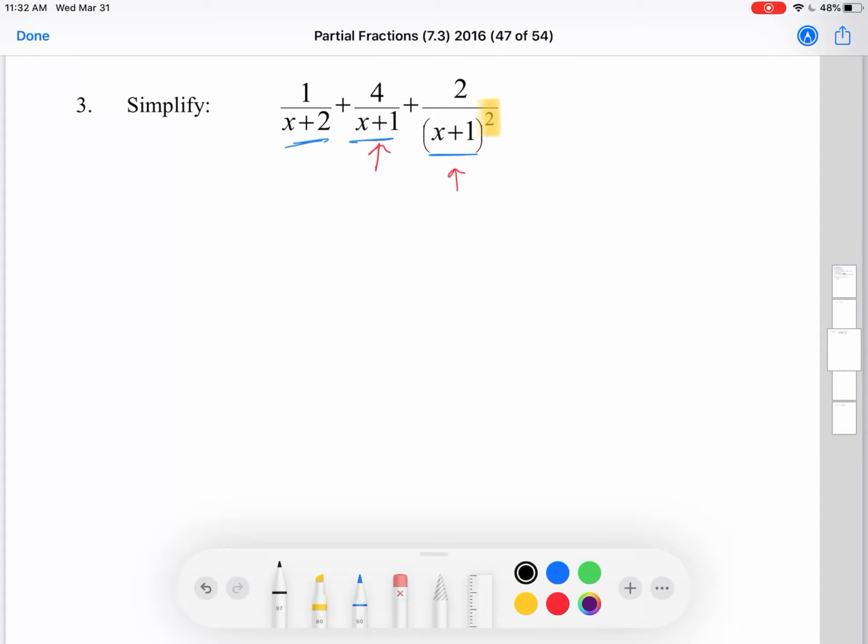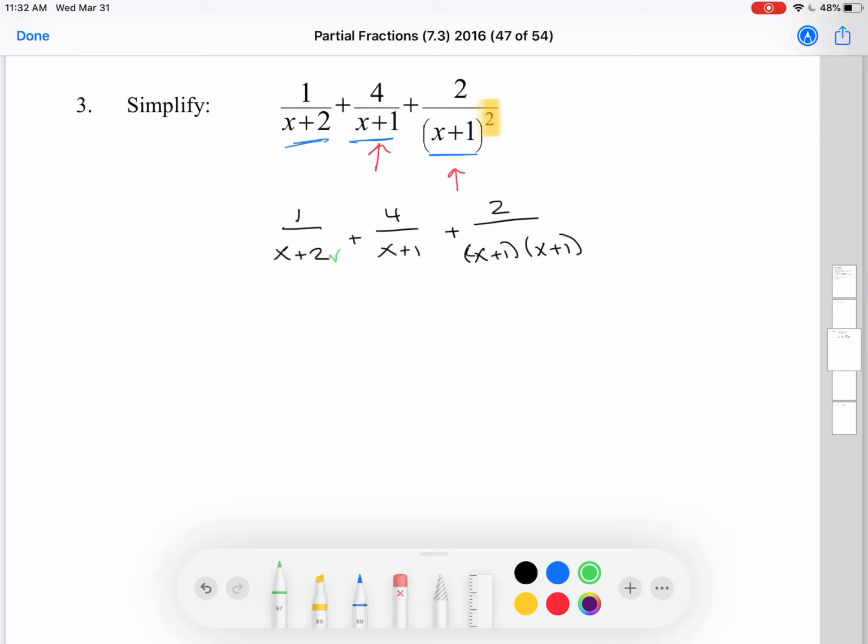To put this in perspective, I'm going to rewrite it. It's the exact same example, but for that last fraction, instead of x plus 1 squared, I'm going to write it 2 times. So what is truly the least common denominator?